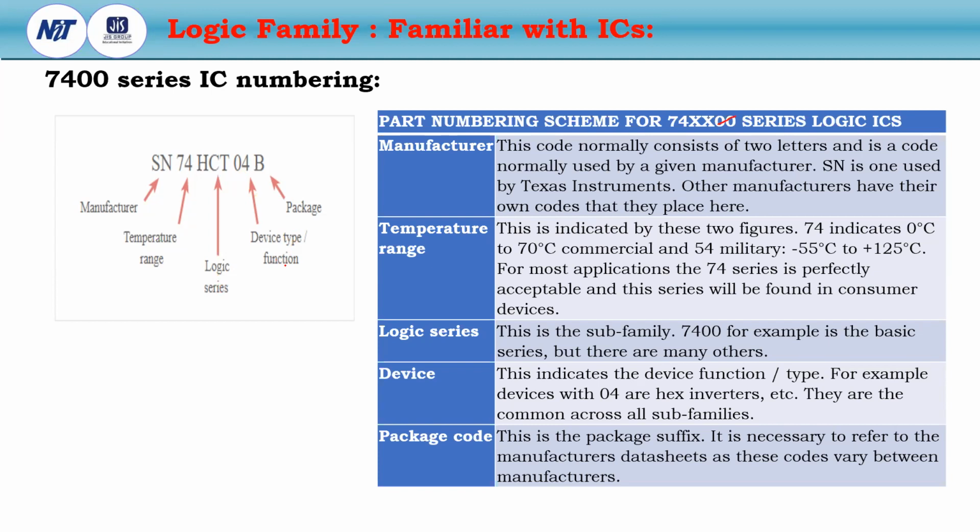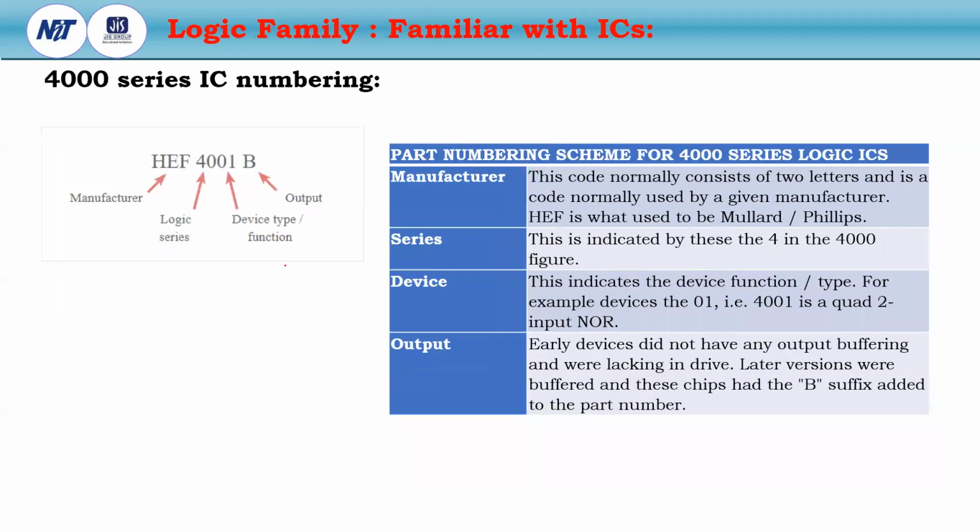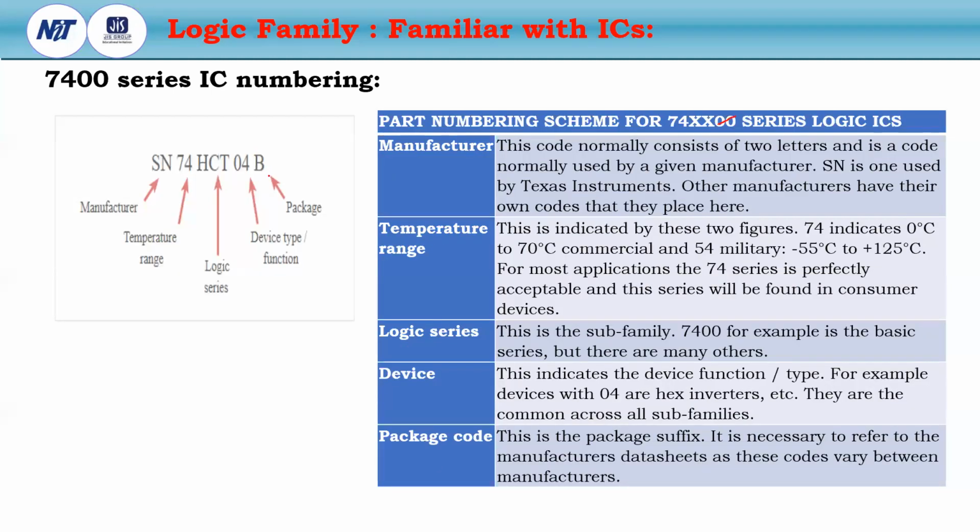Suppose it is an AND gate or OR gate or NOT gate, etc. And this B is the type of packaging used to package the IC. The manufacturer code normally consists of 2 letters, and this is a code normally used by a given manufacturer. SN is the one used by Texas Instruments.